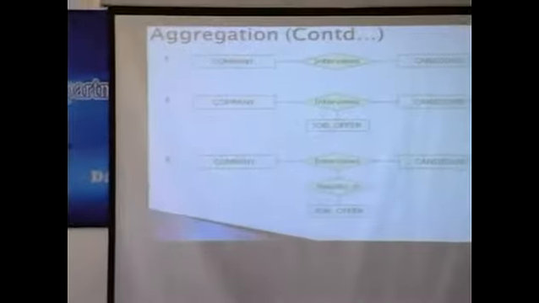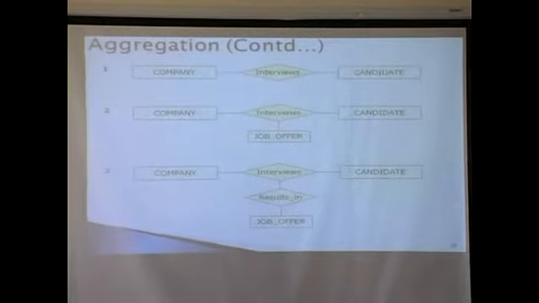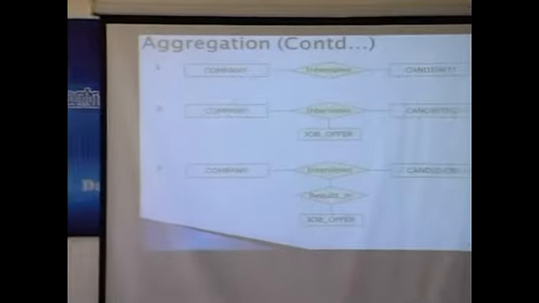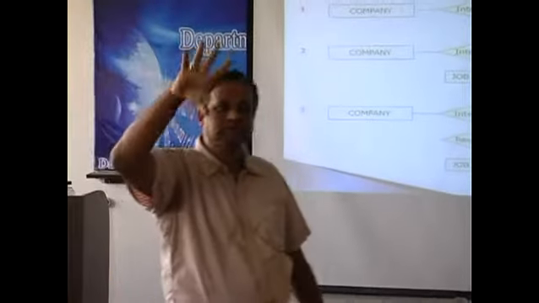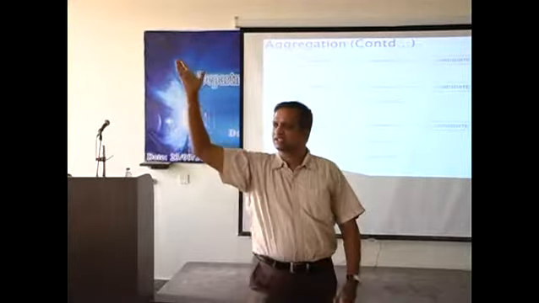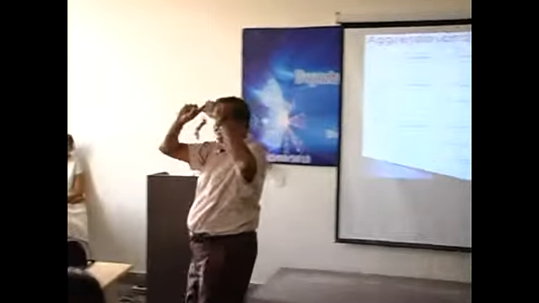Aggregation. This is another important database concept. For example, I say a company interviews candidates. Does it interview only one candidate? No. How many? N numbers. But I capture everything together using one single relation.